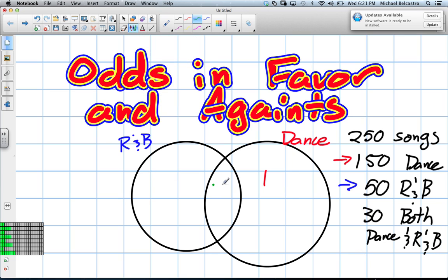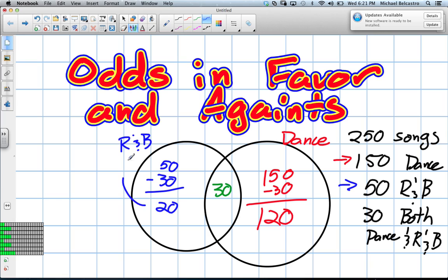So in that case we have 30 of both. We have 150 minus that 30, so there's actually just 120 songs that would be considered, I guess, pure dance songs. And out of the 50, we subtract the 30, there's only 20 songs that would be considered strictly R&B, right? And then these 30 qualify as both.